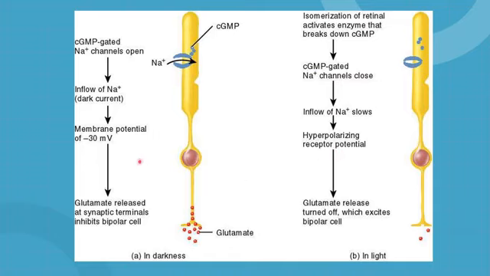Here in the dark there is depolarization, with the membrane potential at minus 30, and in light, because of stoppage or slowing down of sodium influx, there will be a hyperpolarizing receptor potential. That causes the release of glutamate to be turned off, which excites the bipolar cells, and the signal is transmitted through the optic nerve back to the visual cortex.